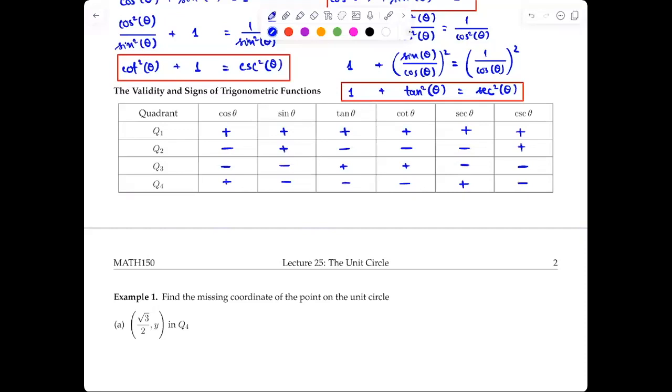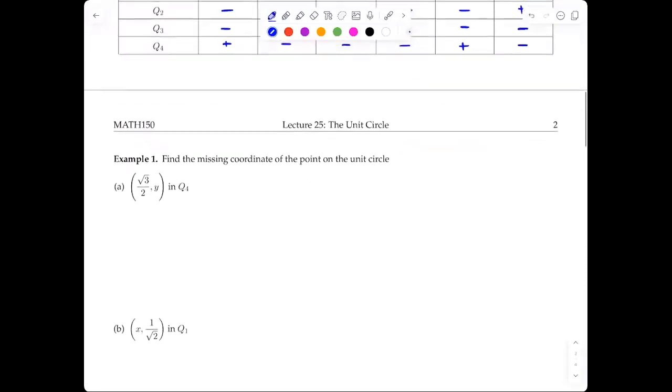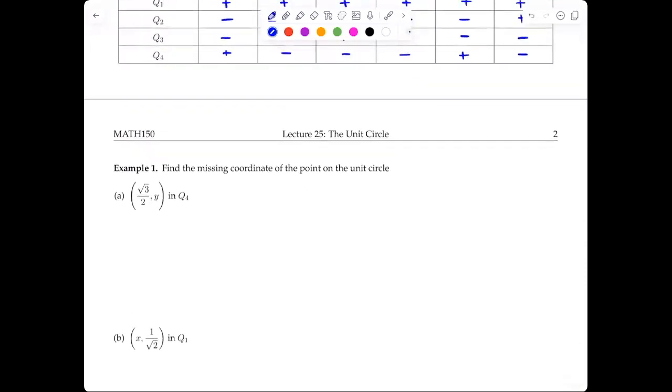Cool. Okay. So I'm going to give you some scenarios where there's a point on different quadrants. You will see one coordinate, or one component, is given, and the other component is missing. You need to identify the missing component of the point.